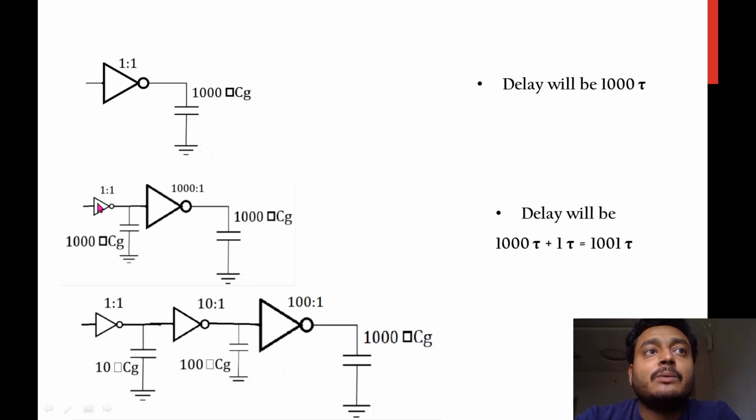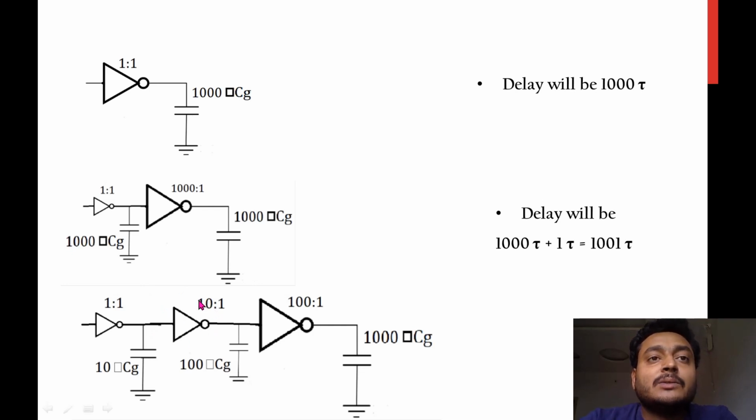Instead of going directly from 1:1 to 1000:1, you gradually increase. First we have a 1:1 inverter, then the next inverter is 10 times greater, and the next is almost 10 times larger than that one. Larger means in terms of width.